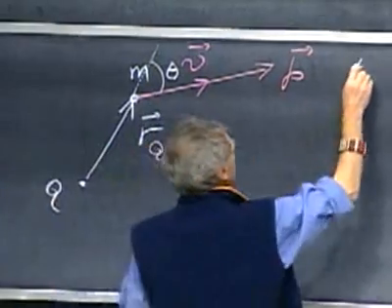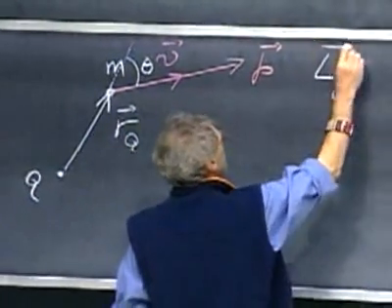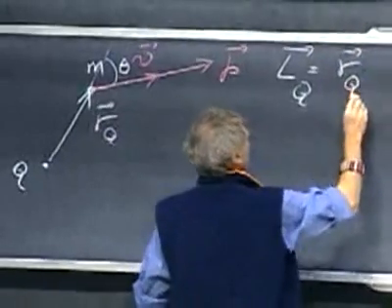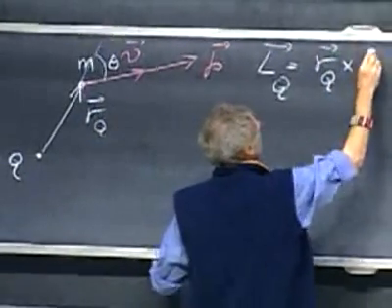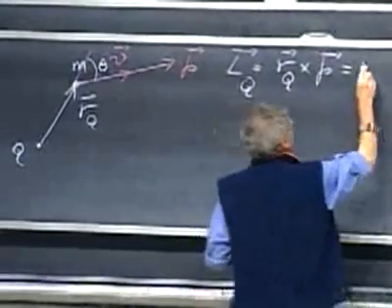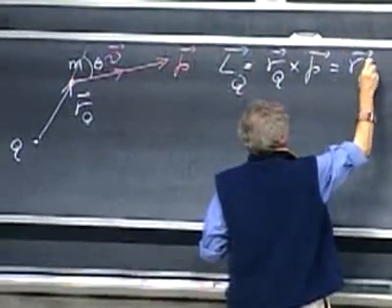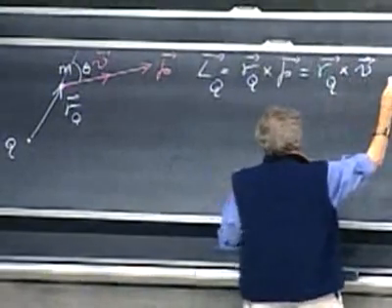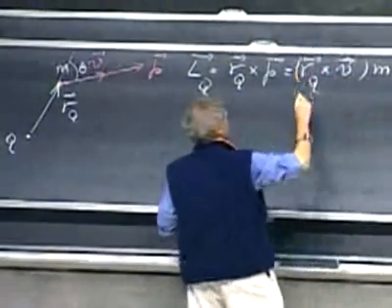And angular momentum relative to that point q, it's a vector, is the position vector relative to that point q cross p. So it is r of q cross v and then times m.